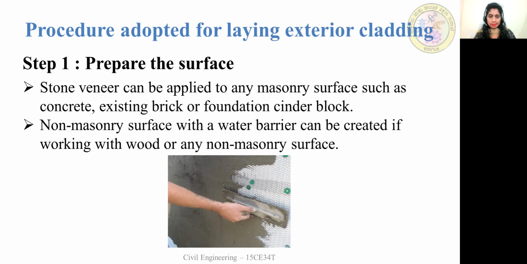So for a non-masonry surface, we should use a water barrier. A water barrier can be created if working on those materials. Usually, a moisture vapor barrier is nothing but typically polythene sheeting.